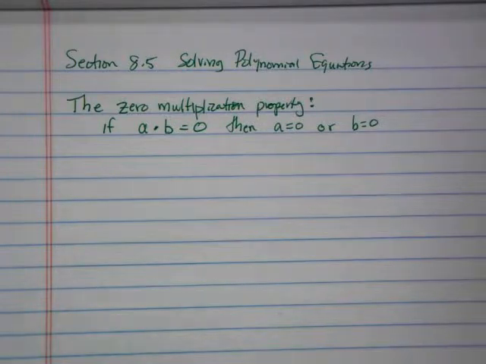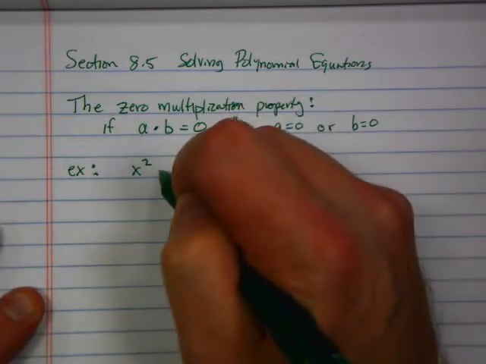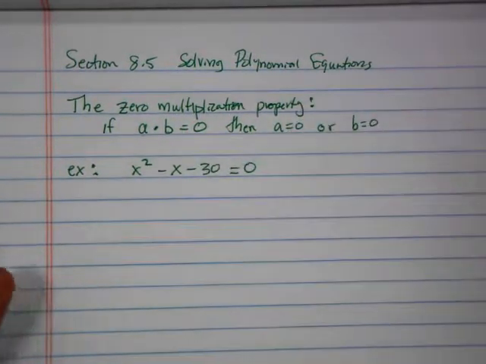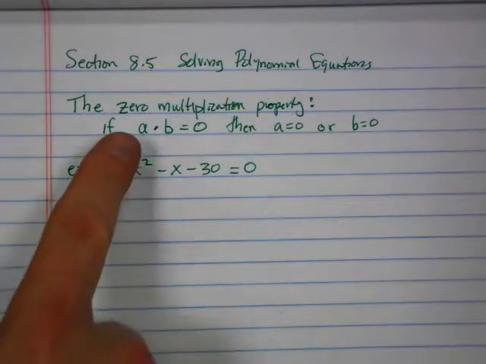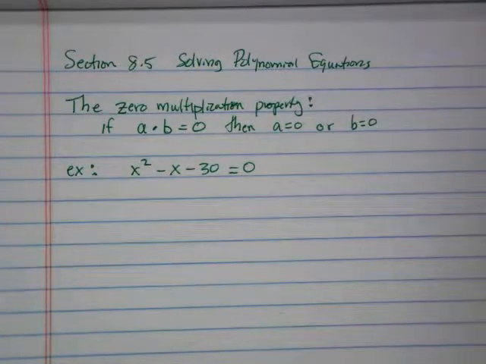So here's an example of a polynomial equation. x squared minus x minus 30 equals 0. Why is that a polynomial equation and not a linear equation? Because it's got an x squared. If it didn't have an x squared, then we would call it a linear equation. This is not a linear equation.